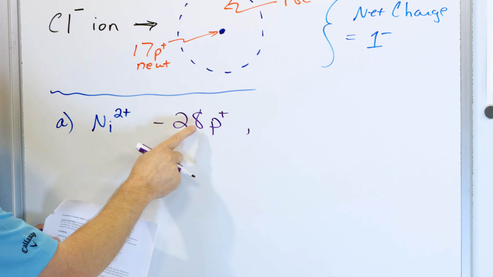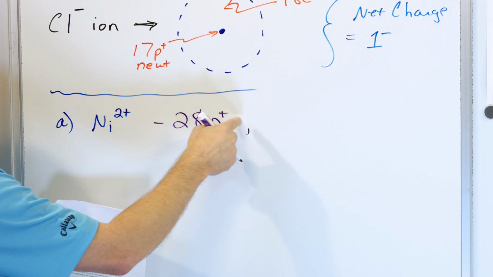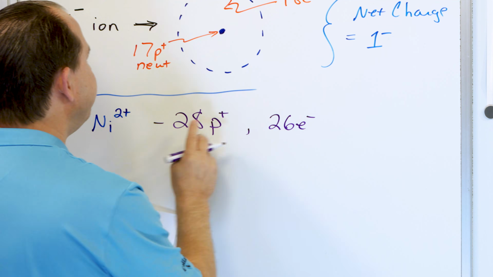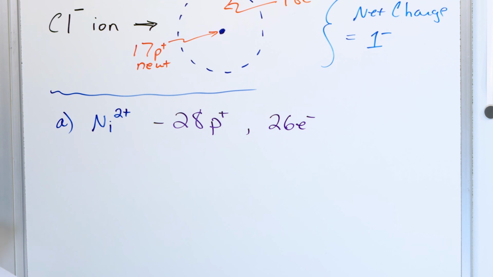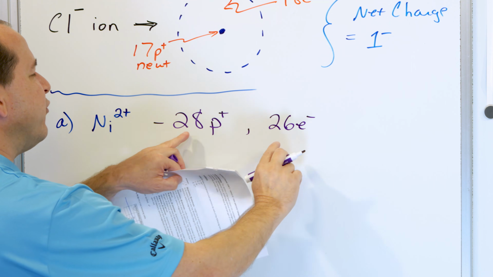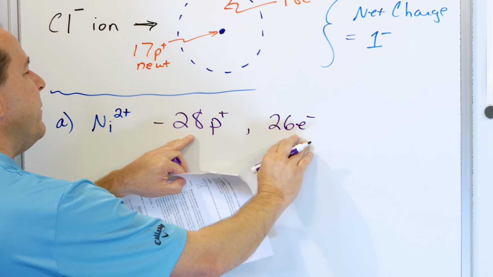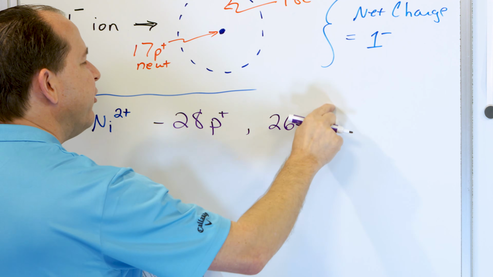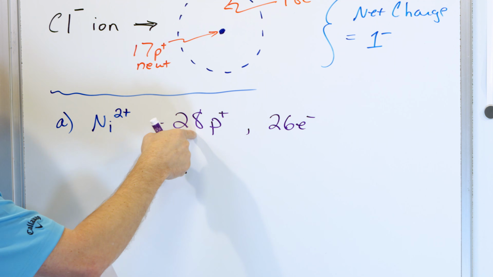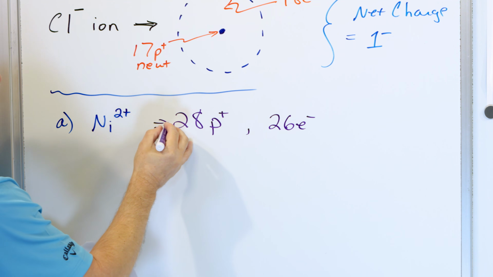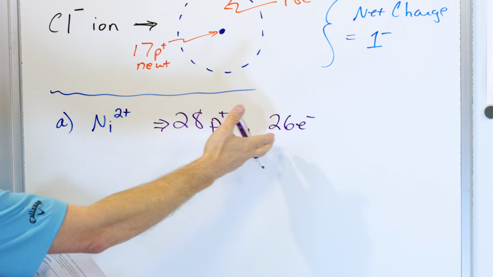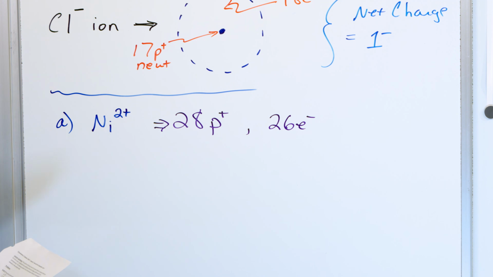If the neutral atom has 28 protons and 28 electrons, this one must have 26 electrons, because it has a positive 2 overall charge. If it was 28 and 28, then it would be balanced. But by losing 2 electrons, we have an overall charge of positive 2. Just add them, 28 positives plus a negative 26 is an overall charge of positive 2.